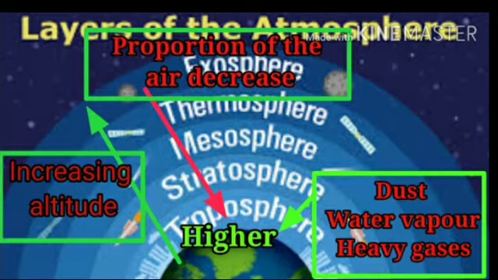Understood? So student, what I want to say is, as we go higher and higher from the surface of the earth, जब हम अर्थ सरफेस से ऊपर की तरफ जाएंगे, एक हायर लेवल हाइट पे जाएंगे, अबव द सी लेवल, सो क्या होगा? The dust particles become less. But student, on the other hand, as we go higher and higher, the air becomes thinner and thinner.